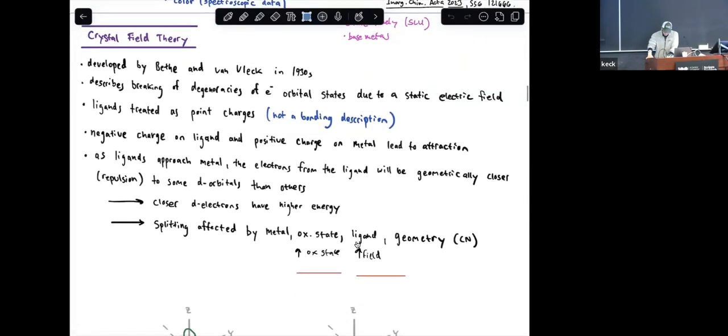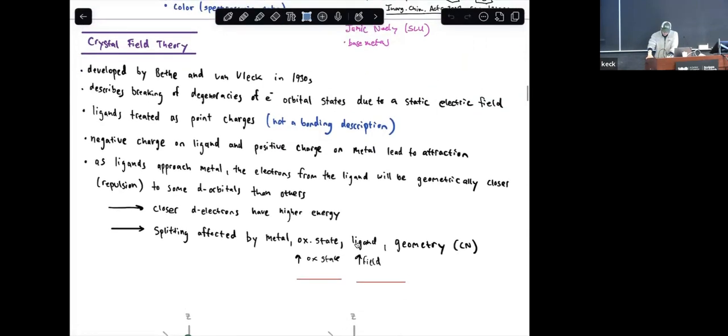And crystal field theory is a very useful treatment for understanding the frontier electronic configuration of metal complexes. The idea here is, I think, a fairly simple and straightforward one.